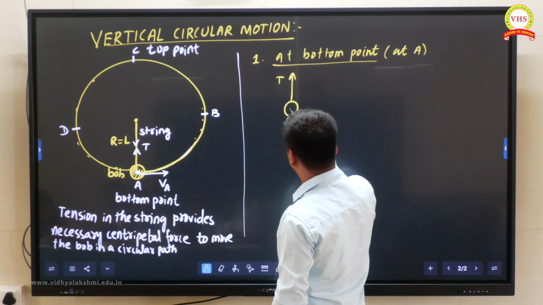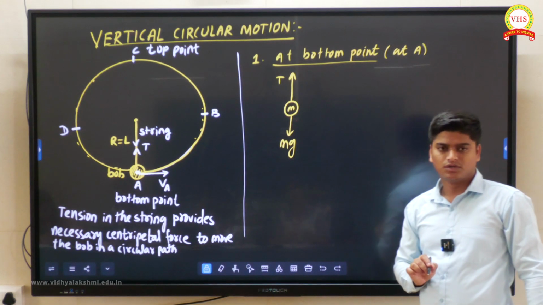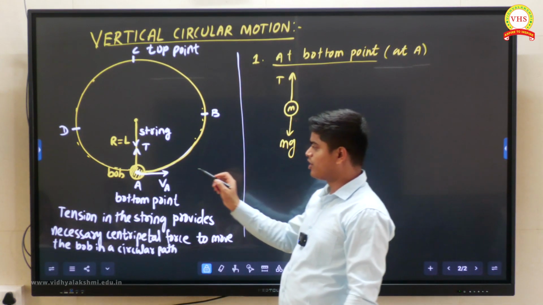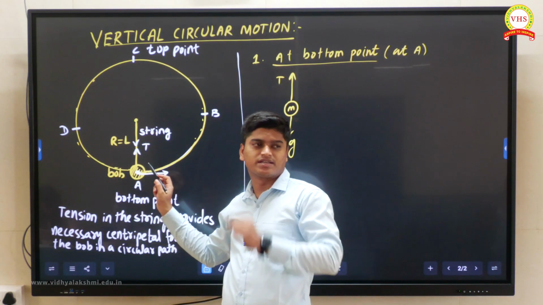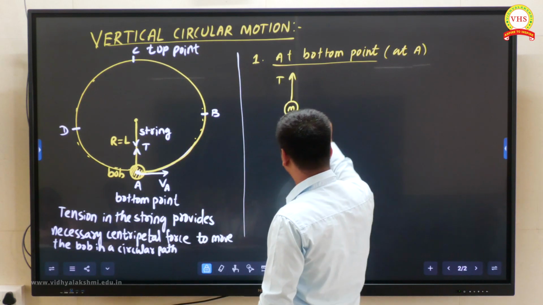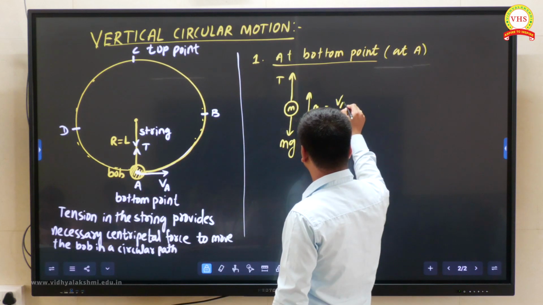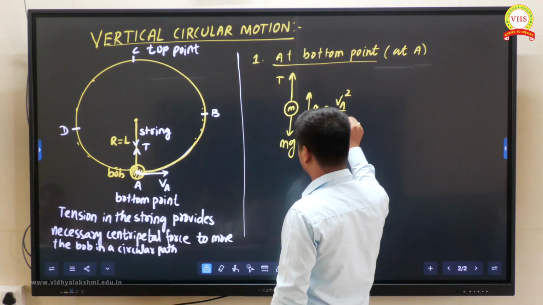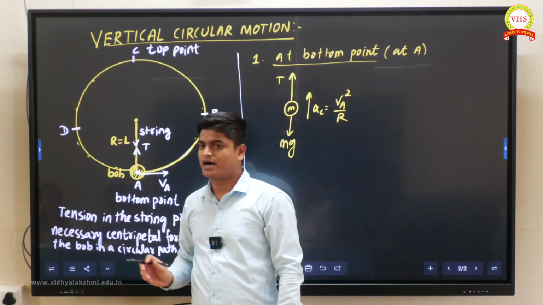And if the bob mass is M, then downward what will act? Mg. And you know, if your object is moving in a circular path, then it will be accelerating towards the center, with centripetal acceleration. What is that? It is VA square by R. Let me take R as the radius of the circle, or radius of the circular path.